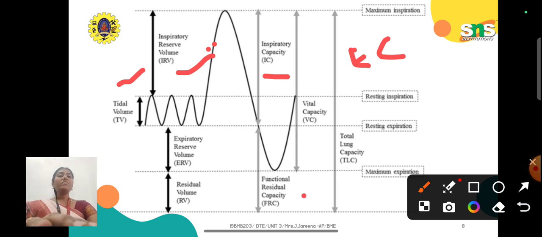Next we have functional residual capacity. You know what residual is, right? It is the remaining gas which is left over in the lungs. The functional residual capacity is the combination of expiratory reserve volume and the residual volume.